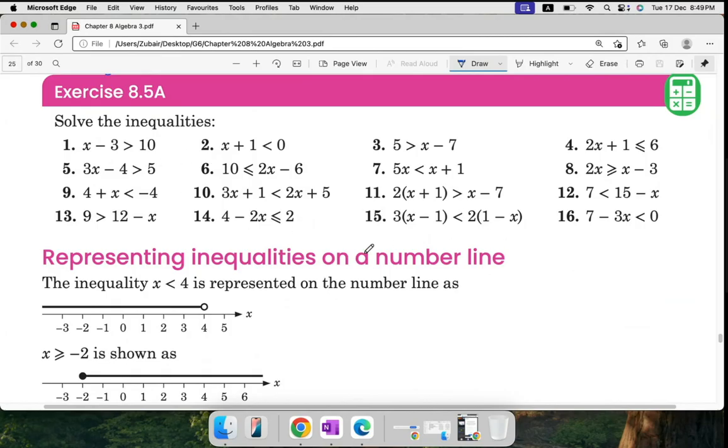All these are single inequalities. Try number 15. x is less than 1.